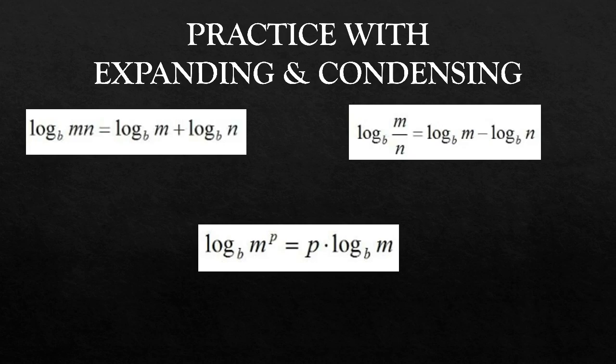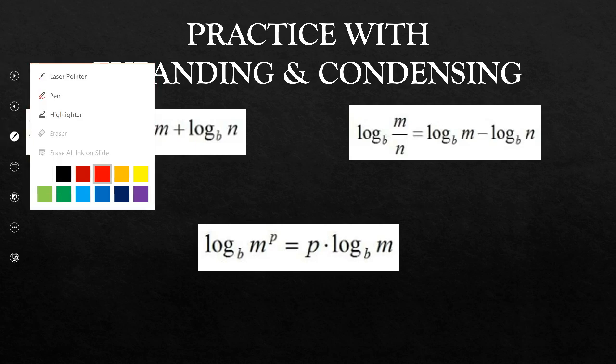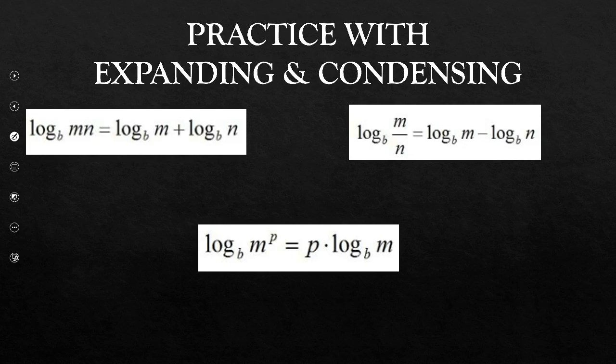So we are reviewing our properties for condensing and expanding. Hopefully you remember log base b of m multiplied by n, that is the product property, and you separate it with addition. And log base b of m divided by n, that is the quotient property.